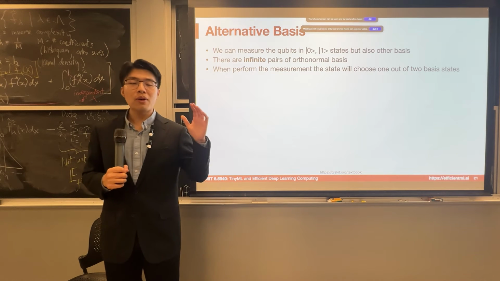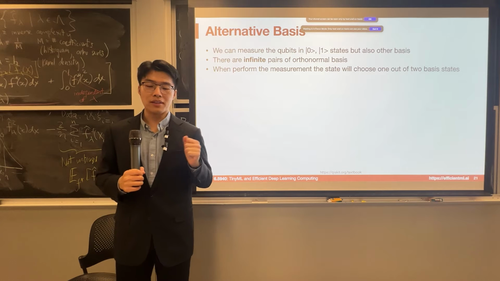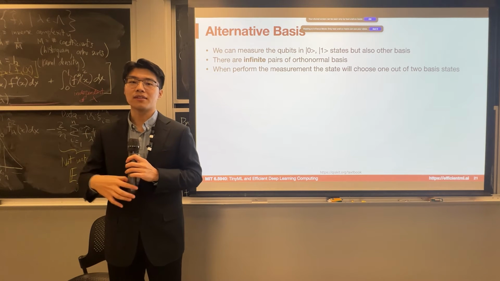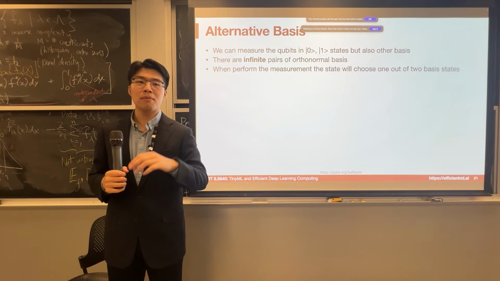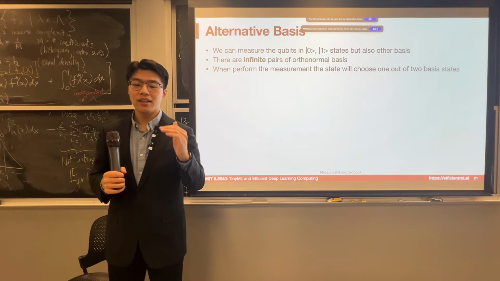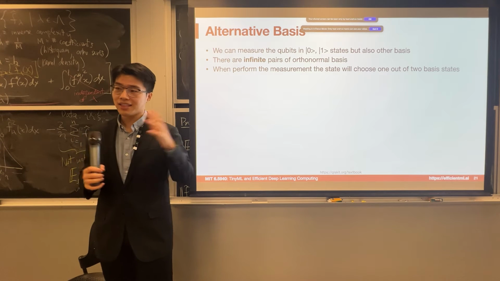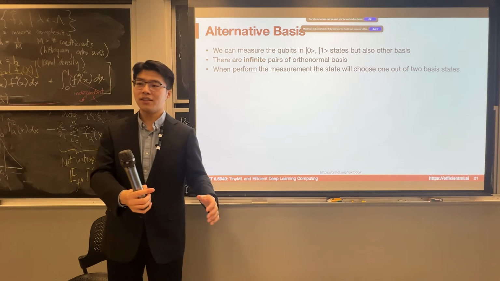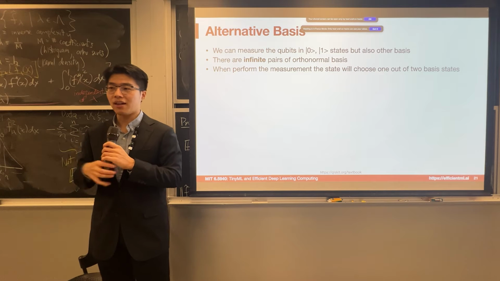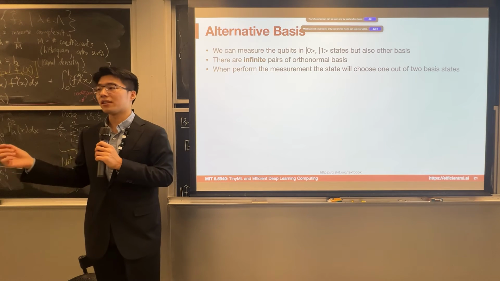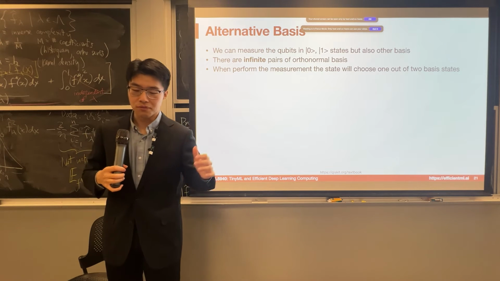After the measurement, the state will choose one of the 2 basis states to collapse to, right? Say we measure in the 0 and 1 basis, and if we obtain 0 with 50% probability, then the state will just collapse to the 0 state. And if we are measuring on other bases, they will also choose one of the 2 bases to collapse to.